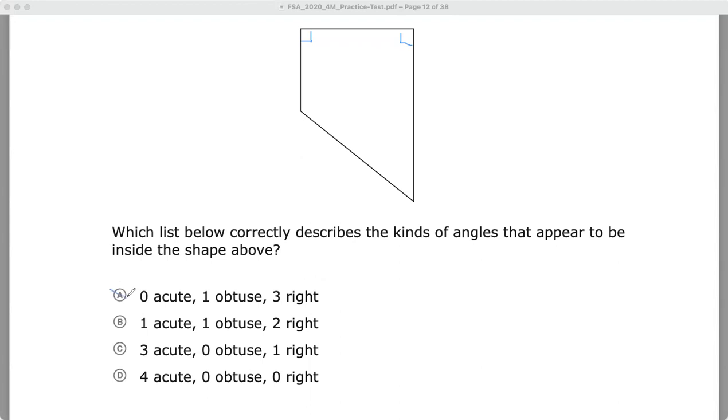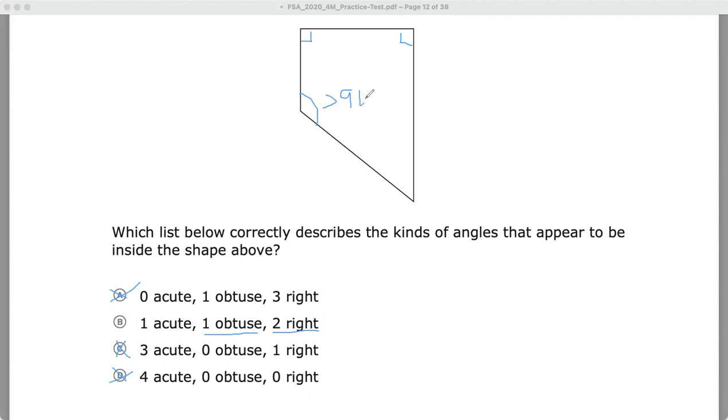So I can cross out answer choices A, C, and D, because none of those has 2 right angles. This one says 2 right and then 1 obtuse. The obtuse angle is greater than 90 degrees. So this angle right here is greater than 90 degrees.